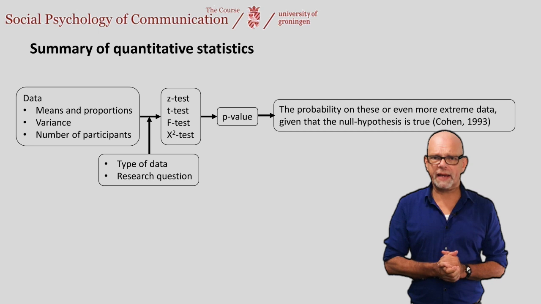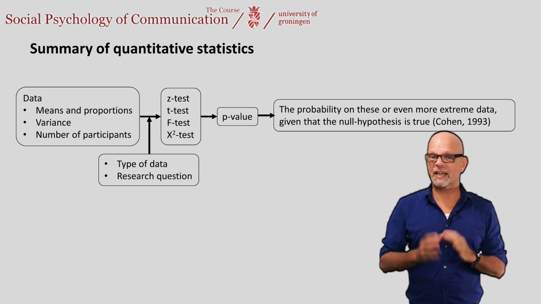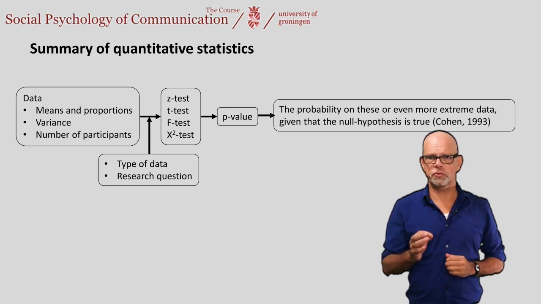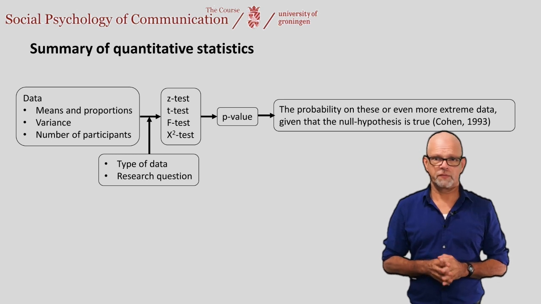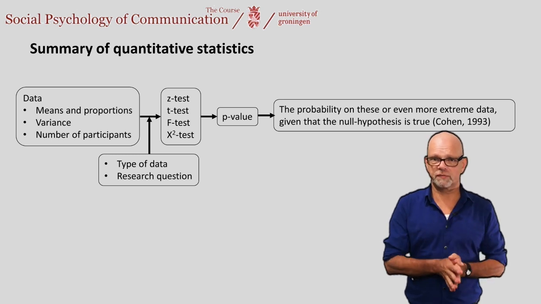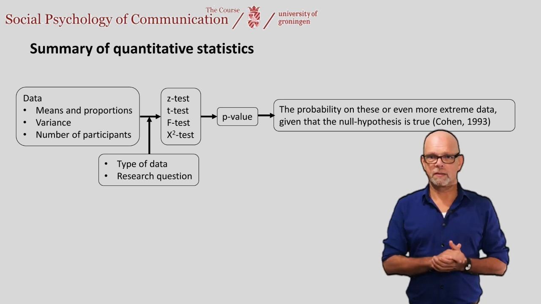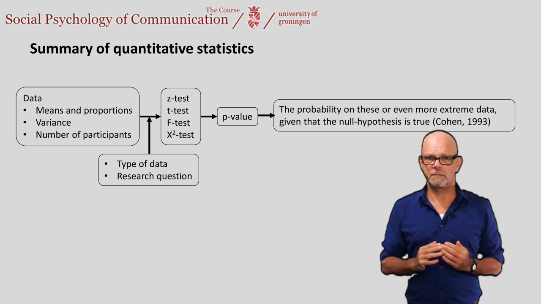Here's some more background information on quantitative scientific research to get you into the mood. This is a crude summary of the field of quantitative statistics. The things we do with quantitative data to give them meaning. Firstly, there's a limited number of aspects of the data that are used.